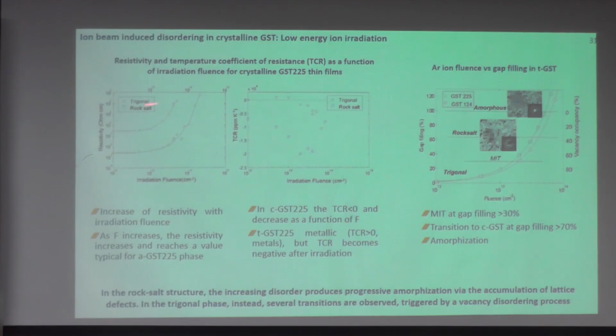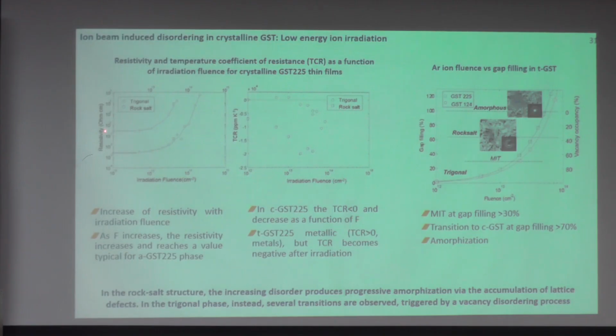Here we consider the trigonal stable structure and this FCC rock salt structure. And here there is again dependence of resistivity on irradiation. And what makes this irradiation change the properties?